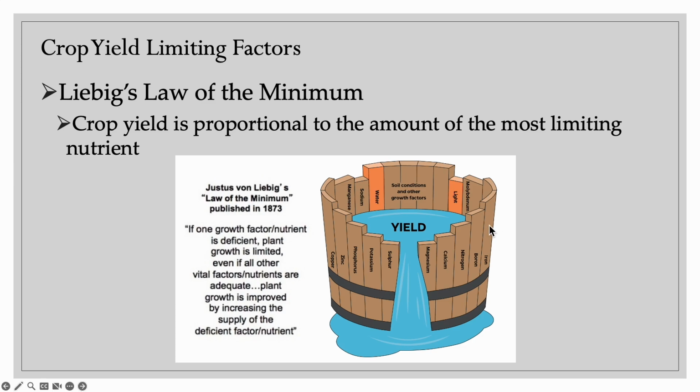This started out as nutrients, but we also realized that light, water, and other soil conditions are a factor, such as pH. You can have all of the nutrients available in the appropriate quantities, but if your pH is not proper, somewhere between 6 and 7, then you might not get the nutrient uptake that you expected.